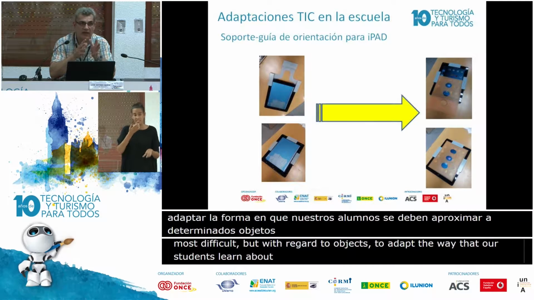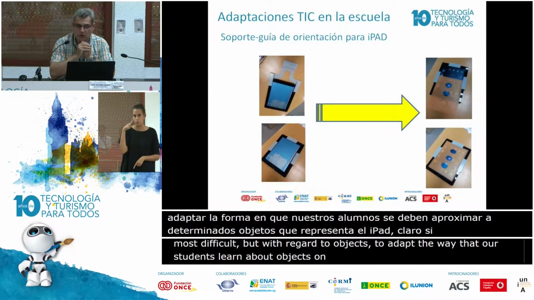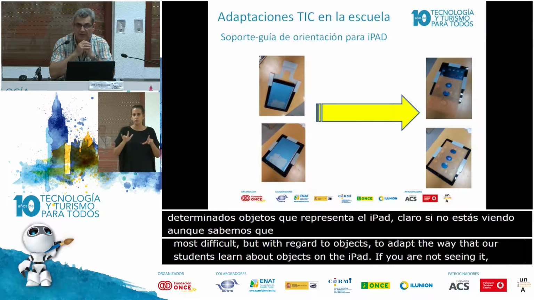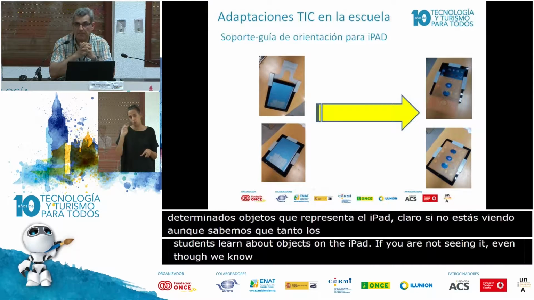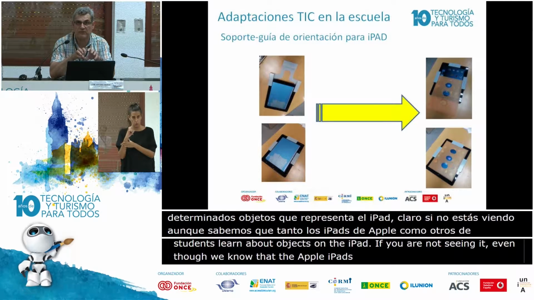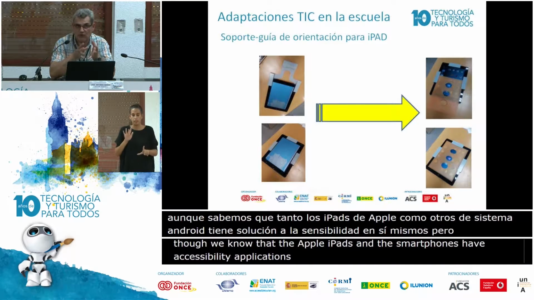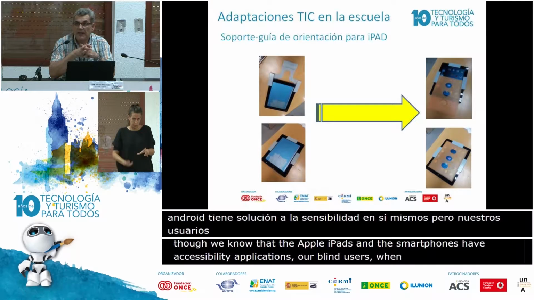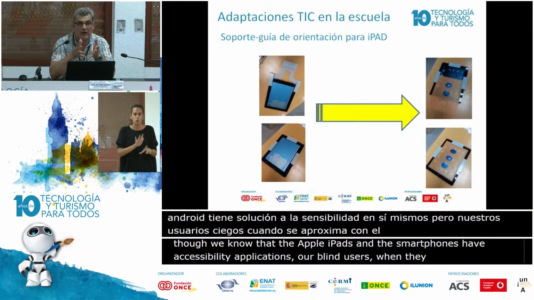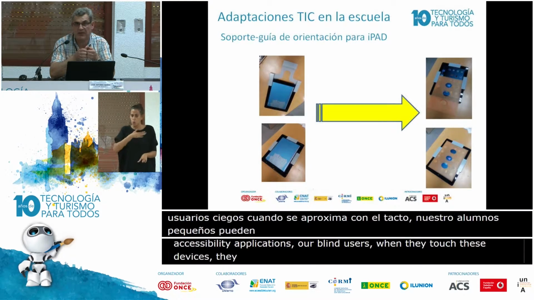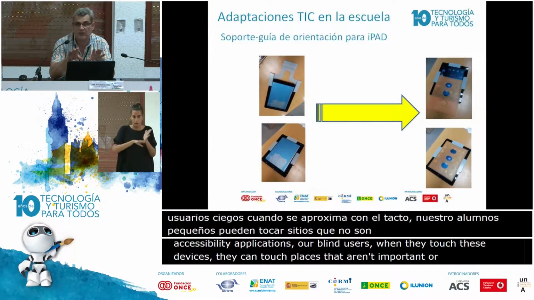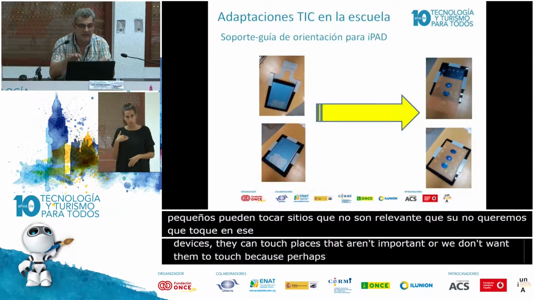If you're not seeing it, even though we know that the Apple iPads and the smartphones have accessibility applications, when blind users touch these devices, they can touch places that aren't important, or we don't want them to touch because perhaps the applications that we want them to run are different.